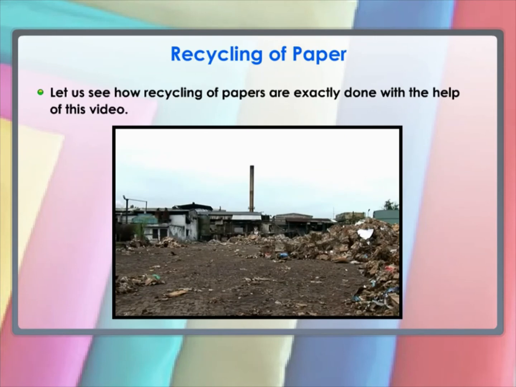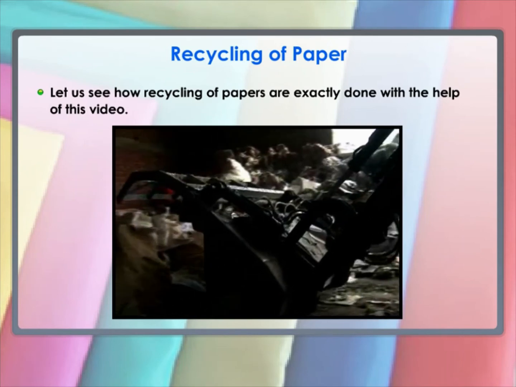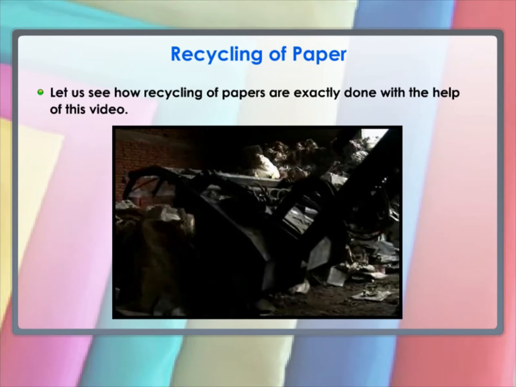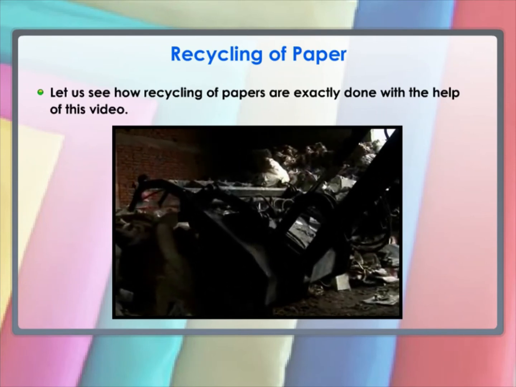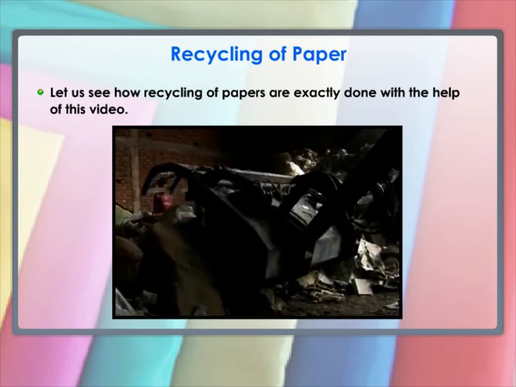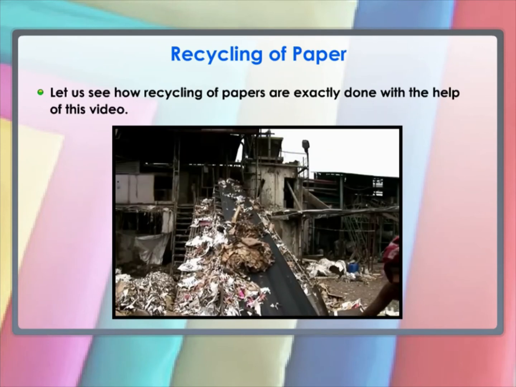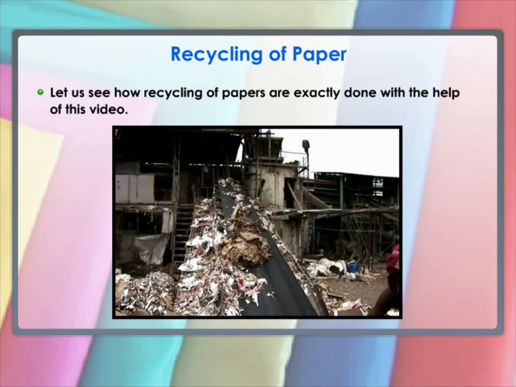As a first step, papers from different localities are collected and sent to a recycling factory. In the factory, the papers are segregated and sent through conveyors for soaking and grinding.